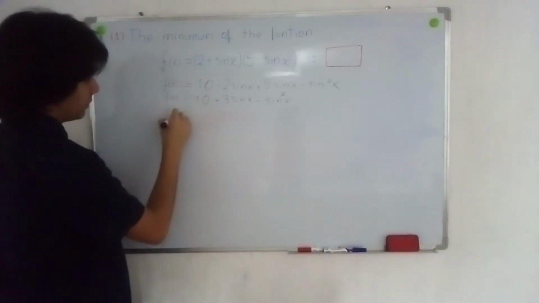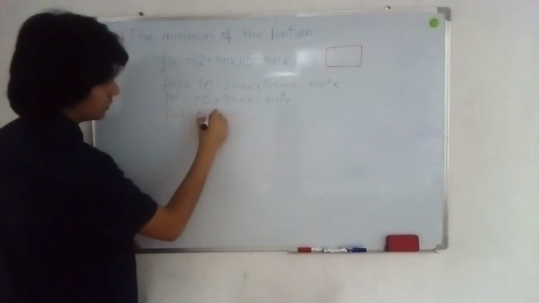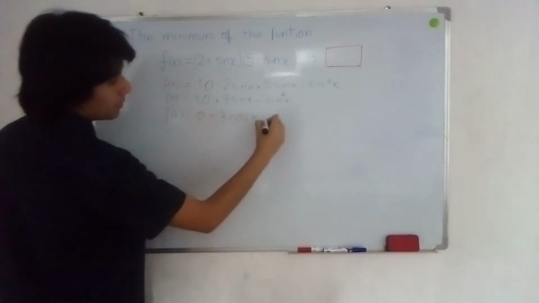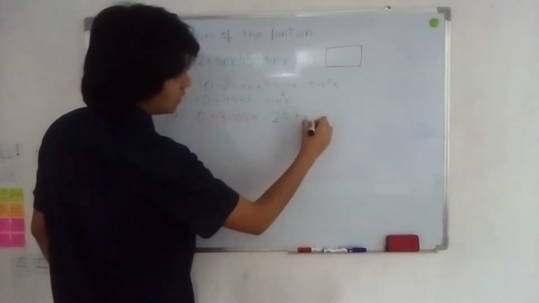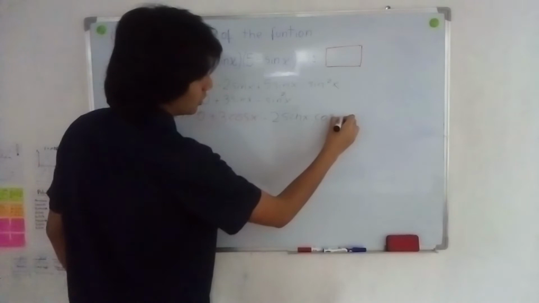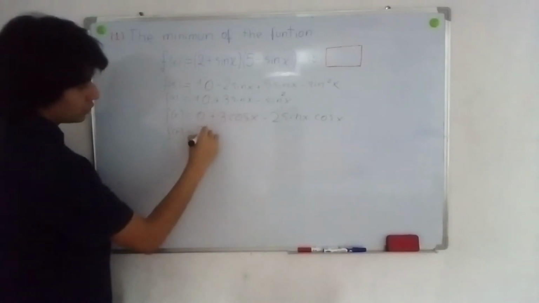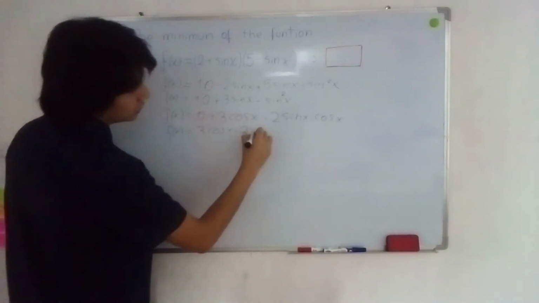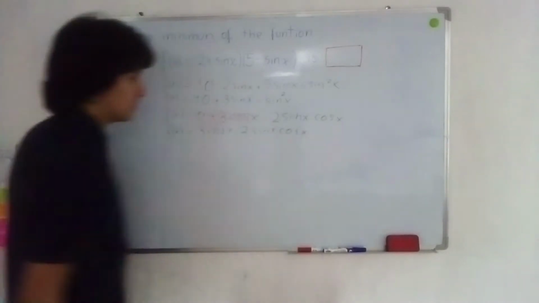The derivative of f is 3 cosine of x minus 2 sine of x times cosine of x.